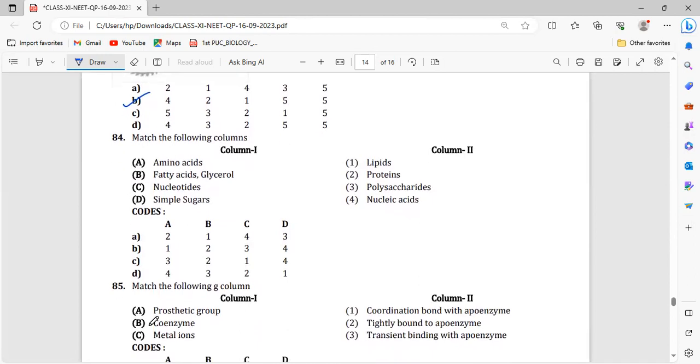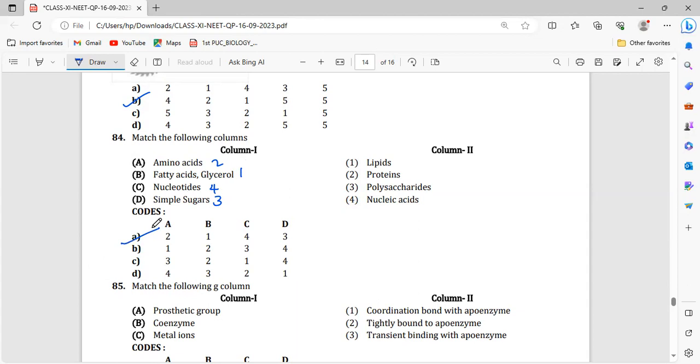Then 84. Amino acid, monomer of protein. Fatty acid and glycerol are the components of lipids. Nucleotides, monomer of nucleic acid. Simple sugars are the monomers of polysaccharides.